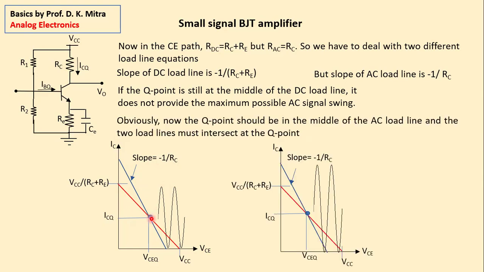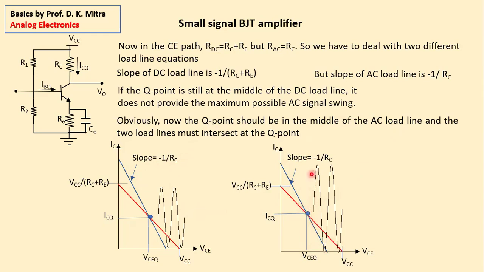So actually, the Q point now should be in the middle of the AC load line, like here. This will be the new value of VCEQ and ICQ, which is in the middle of the AC load line but a little higher on the DC load line.